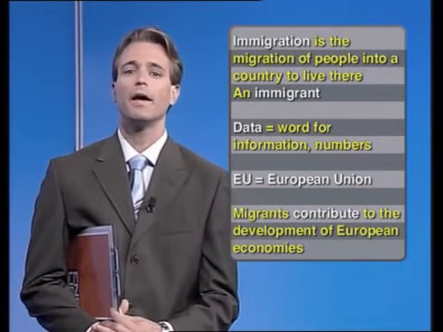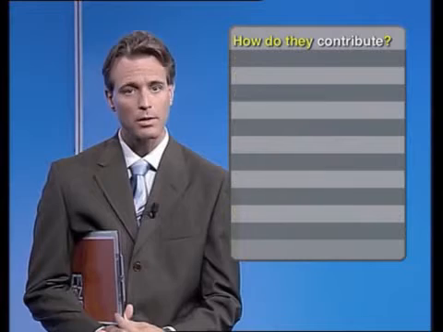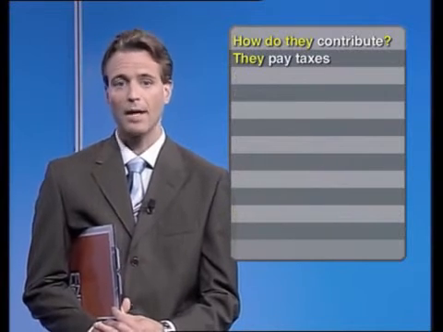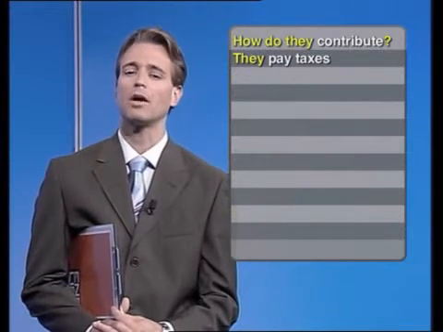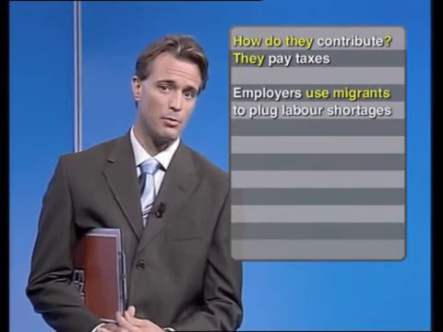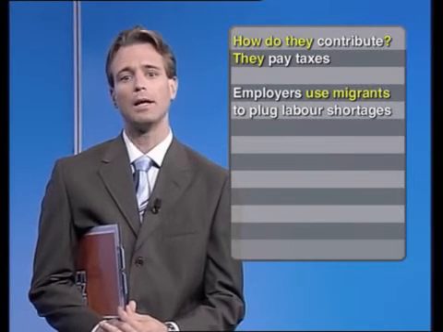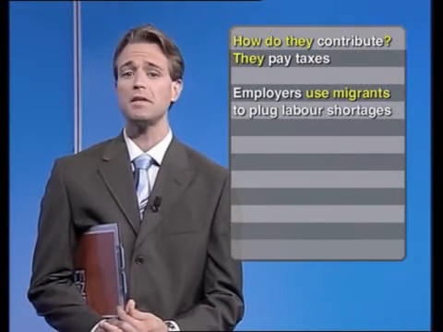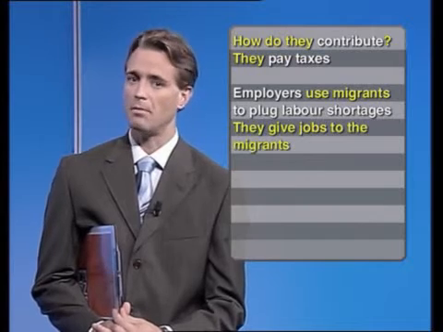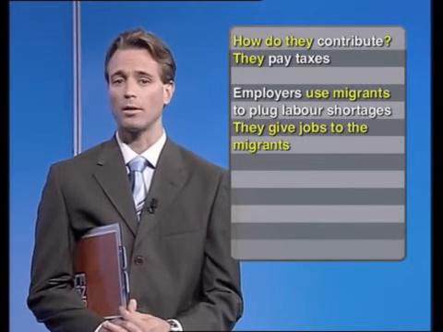This means they help the economy to grow. How do they contribute? They pay taxes. Tax is the money we pay from our salaries to the government. And employers, these are the people who give jobs to other people, use migrants to plug labor shortages. This means they give jobs to the migrants because there are no local people to do the work.